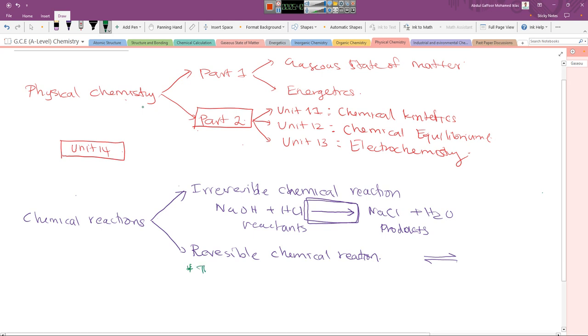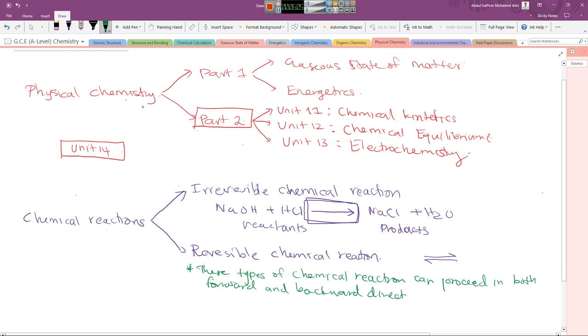These types of chemical reactions can proceed in both forward and backward directions, right? The next point you should know is that these types of chemical reactions will attain a steady state, which is called a dynamic equilibrium, right?